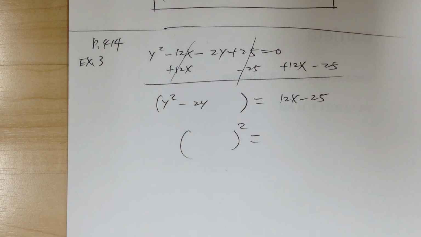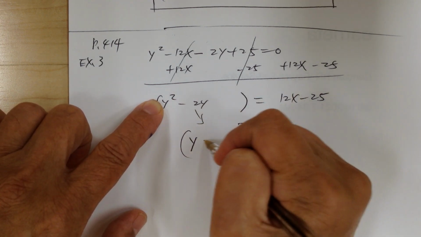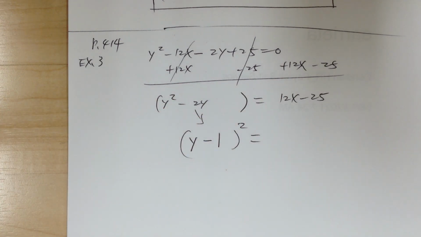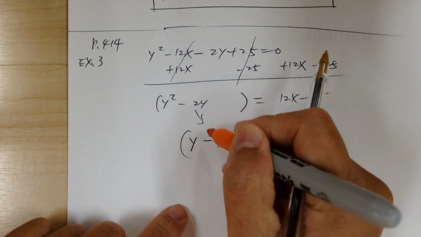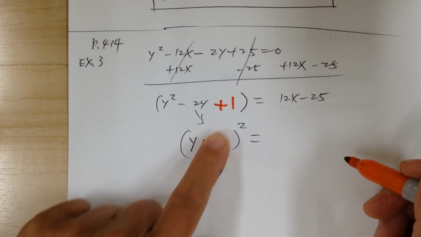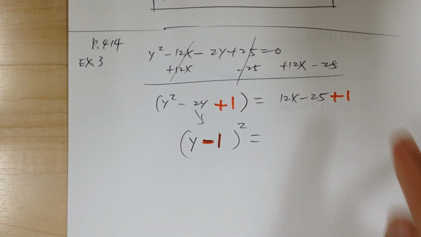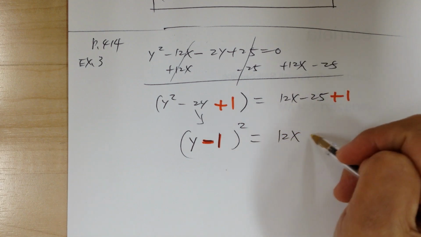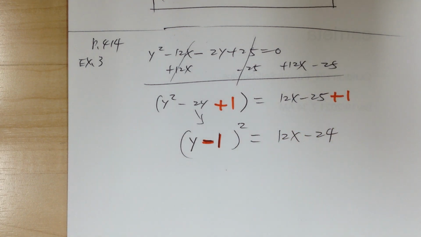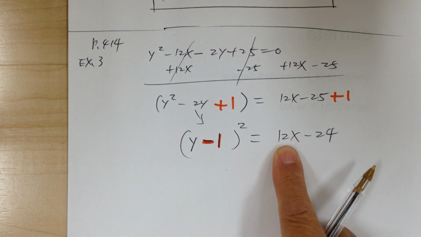Okay? And then after that, you're going to get your perfect square. Again, get your template ready. So from this, you're going to get y. From this, you're going to get minus 1, right? So again, you complete the square. So minus 1. So that means you need to plus 1 over here. Now, if you plus 1 over here, you need to plus 1 over here. So you're going to get 12x minus 24. Okay. Now, next thing you have to do is whatever the number over here, you need to factor it out.